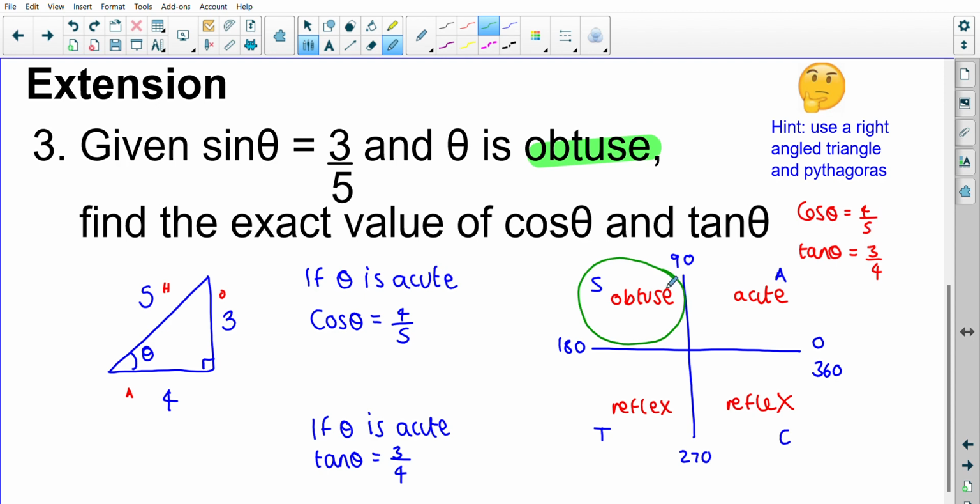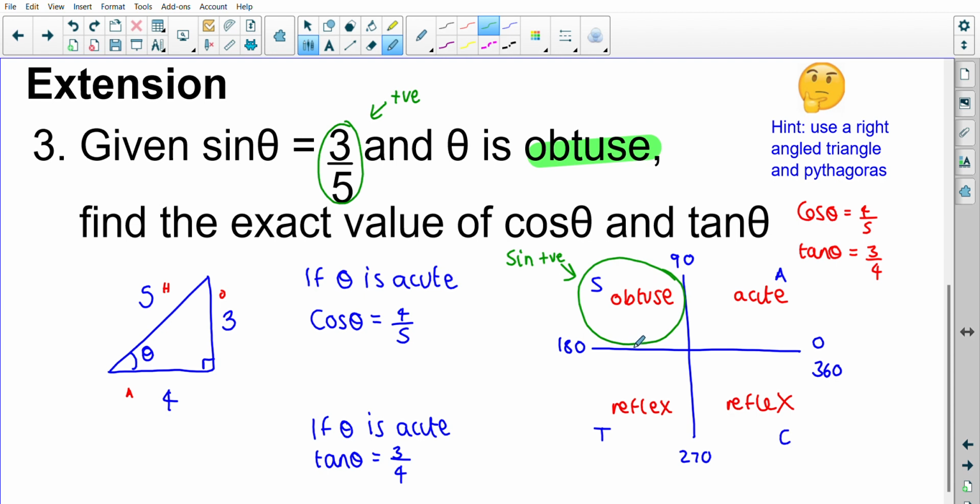Now, in this section, sine is positive. We know that from the letter, and we know that from our work already. That's why we've got a positive value here. So, is sine the only one that is positive? Well, yes, it is.